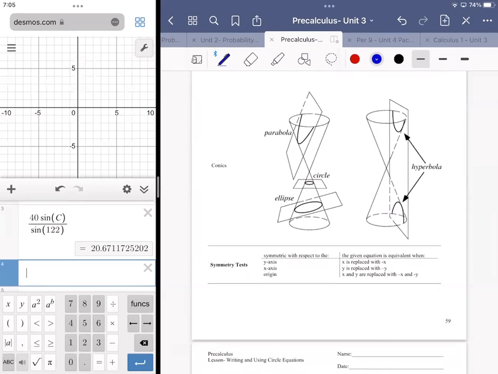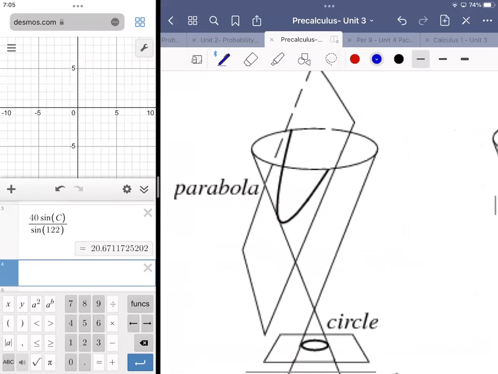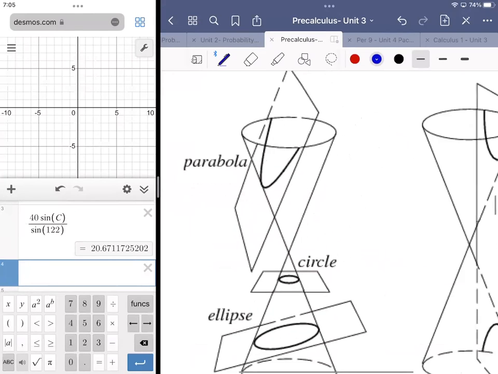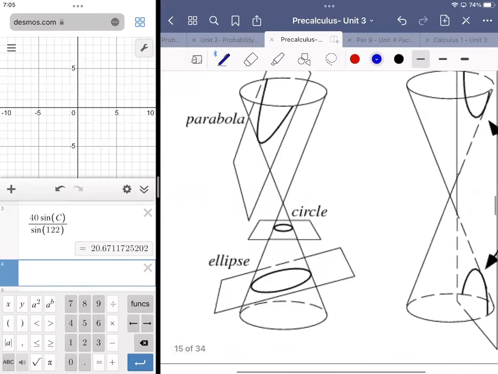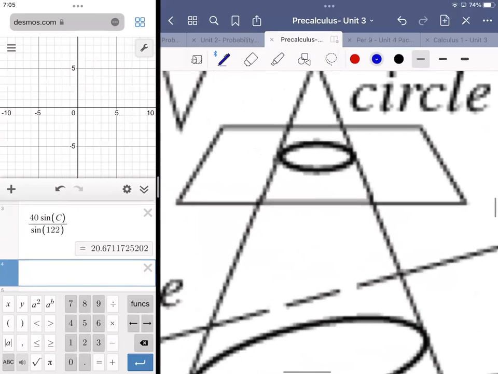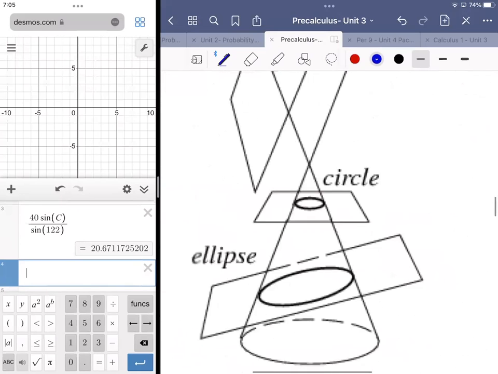If you were to take a cone and an inverted cone and put them end to end, and then think about all the different ways you could slice through them, you would end up with what we call conic sections, right? If you do it in an oblique fashion, you get your classic parabola, but that parabola could have a variety of different orientations. If you slice through a cone horizontally, you'd end up with a circle.